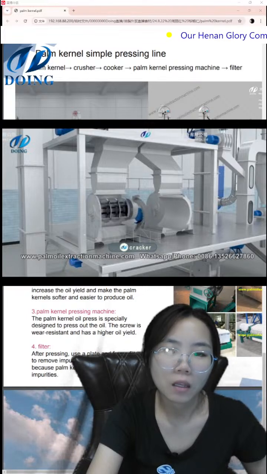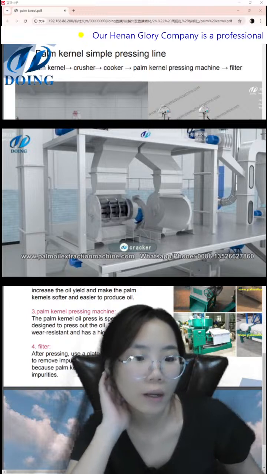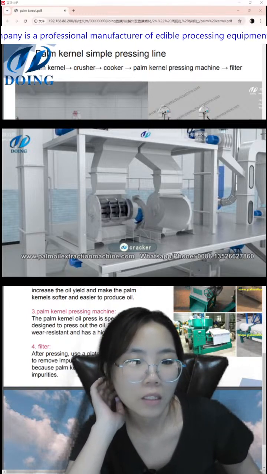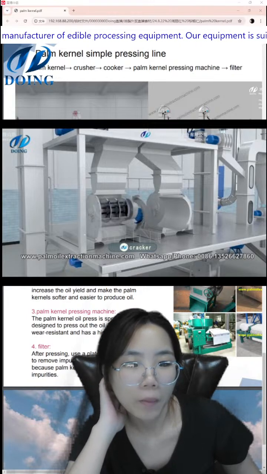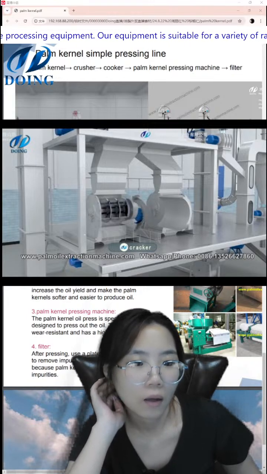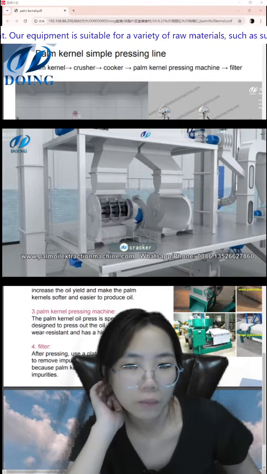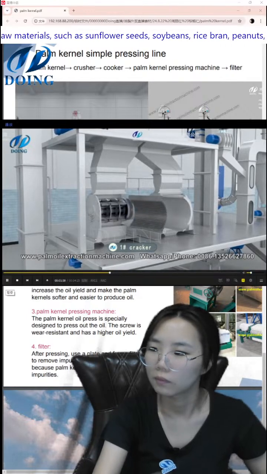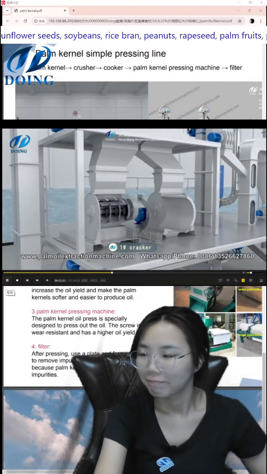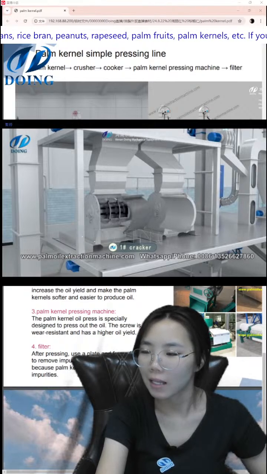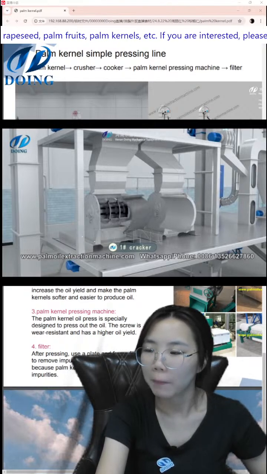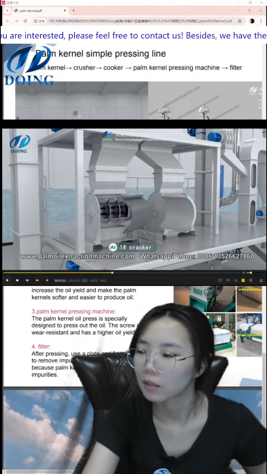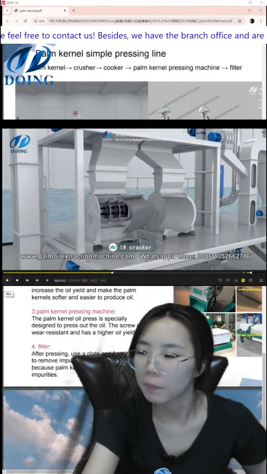The palm nut is cracked during this process, and we can obtain the palm shell and complete palm kernel. In this process, our palm kernel is not broken, so we can get the complete palm kernel.